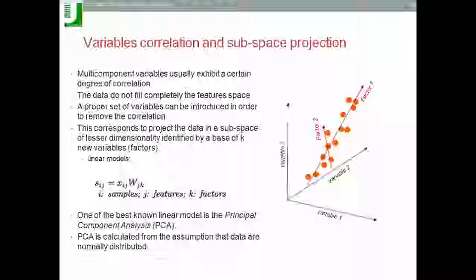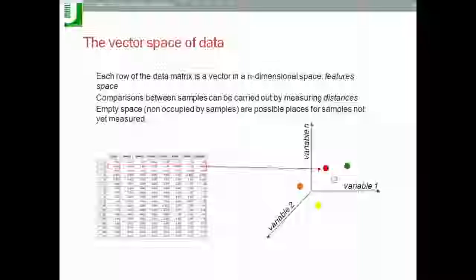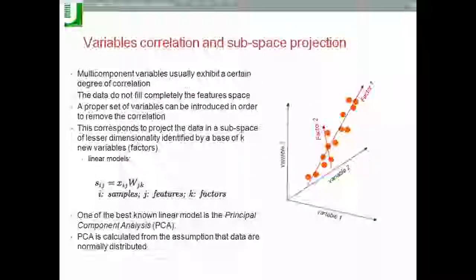This has very important consequences in terms of the geometry of the space, because if we have correlation, it means that when we translate our multivariate data into a vector space, the data tends not to occupy the whole volume, but to occupy a subspace because of this correlation.